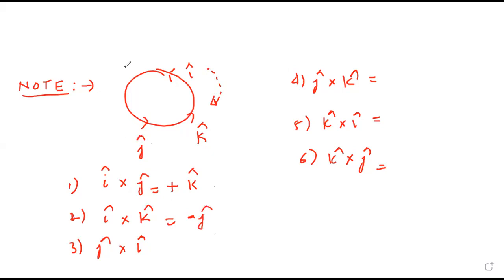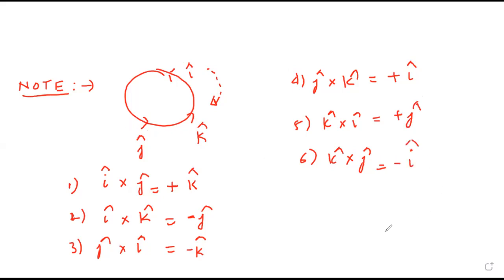J cross I, again I am going clockwise, so I will say minus k cap. J cross k, I am going anti, so plus I cap. K cross I, still anti, so plus J cap. K cross J, I am going clock, so minus I cap.